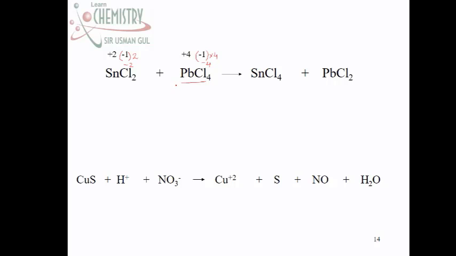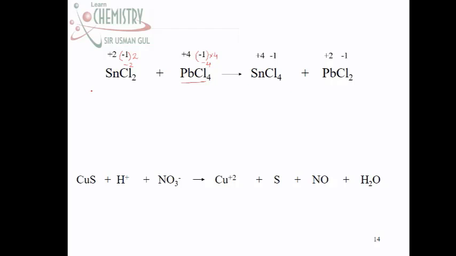Moving toward the right-hand side of this reaction, there are 4 chlorine attached to a single tin, and similar to the previous, that tin must have +4 charge because there are 4 negative -1 attached to a single tin. Similarly, there are 2 chlorine attached to a single lead, so lead must have +2 charge. Now just focus on lead and tin.